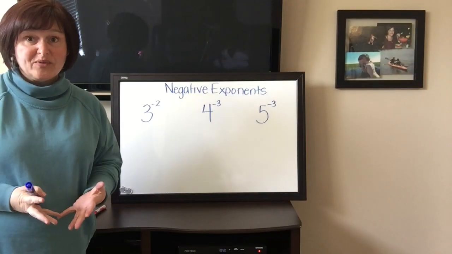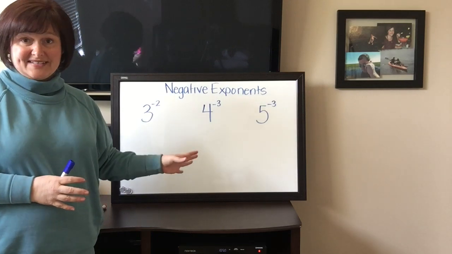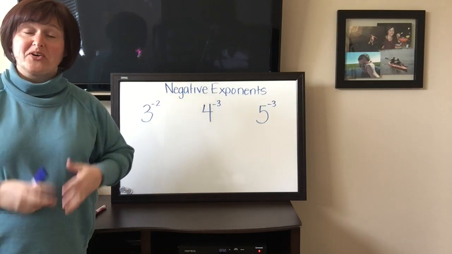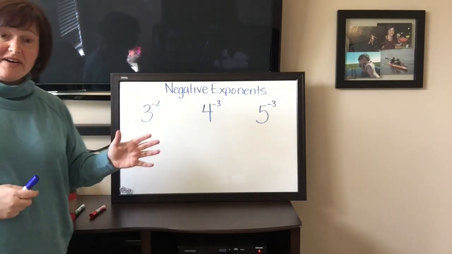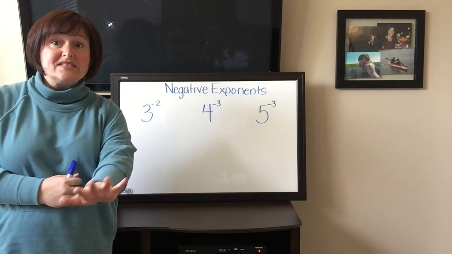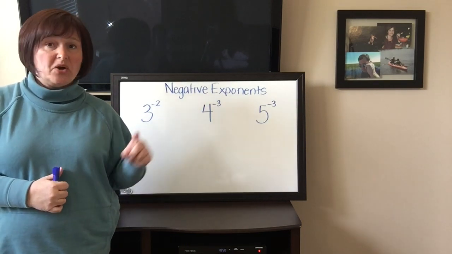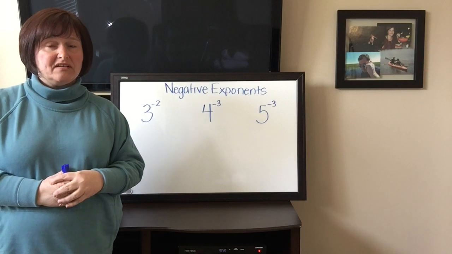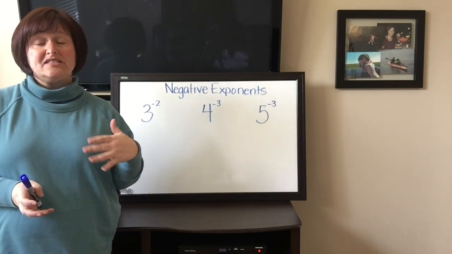Okay, so negative exponents but positive bases. Here's as far as we're going to go today. You know that when we have a regular power, like 3 to the power of positive 2, we have 3 times 3. We know that it is repeated multiplication, but what's the opposite of multiplication? It is division.